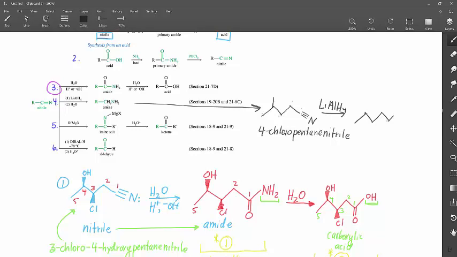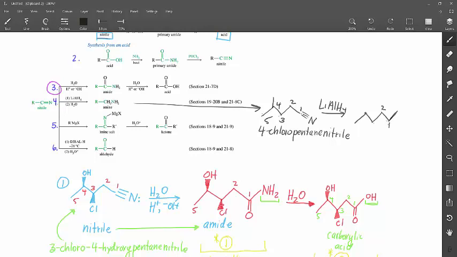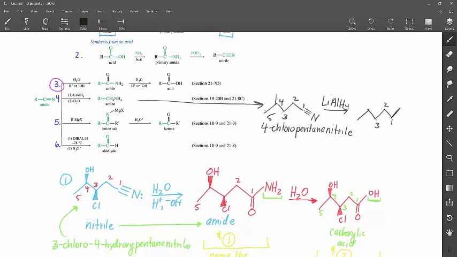So I just have to put the bend down here. 1, 2, 3, 4, 5. So I would have my chloro group there. Where the C triple bond N was on 1, it is now a CH2.